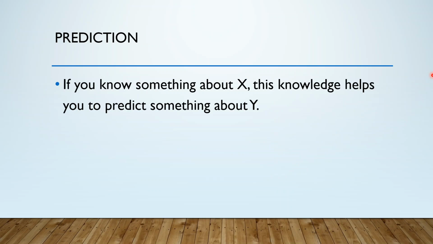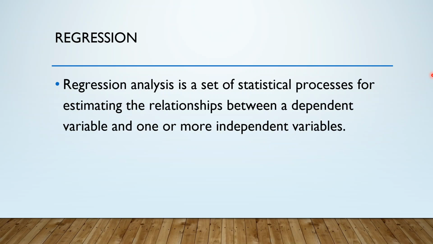So how can we do prediction using this straight line? If you know something about x, then this knowledge helps you predict something about y. If you know certain values of x, for those you can find the y value. That is the prediction. Based on this, linear regression or regression models have been drawn.